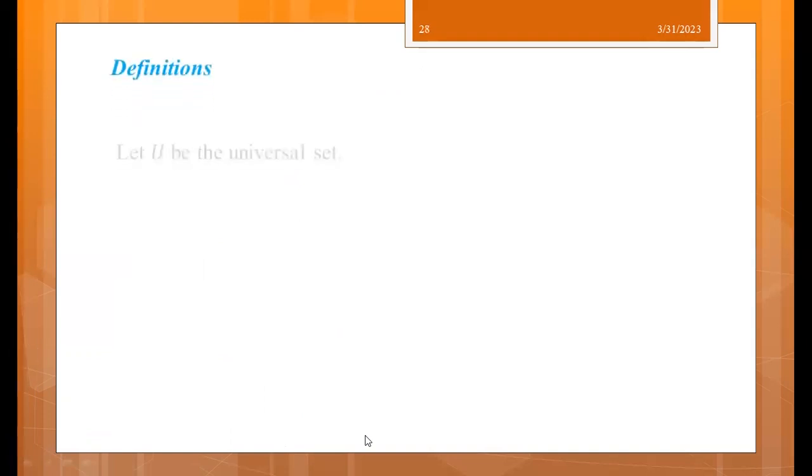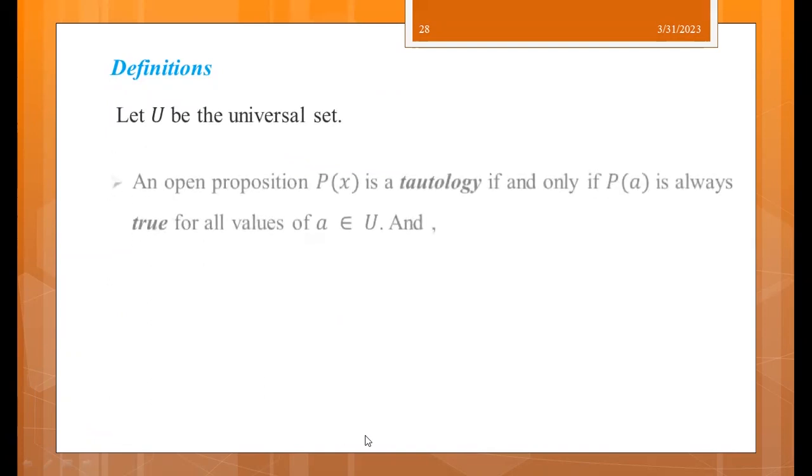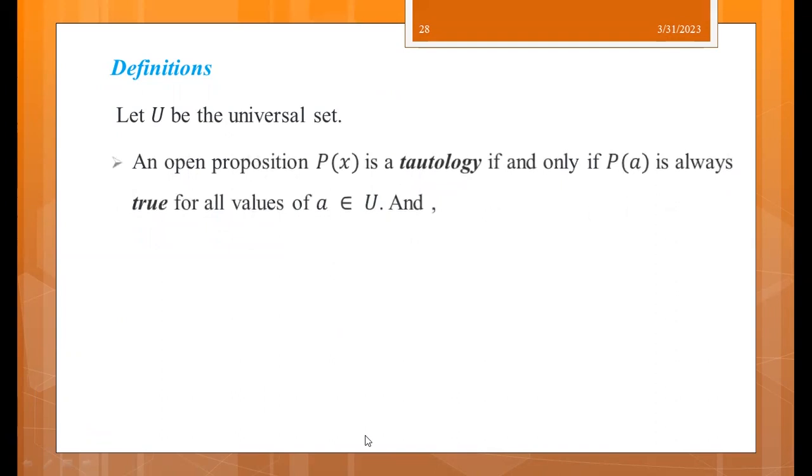Okay, let us see the next definition again. Let's assume that we have a universal set, simply set U, so that an open proposition P of x is said to be a tautology if and only if P of A is always true for all values of A, which is an element of the universal set U. That means we can have an open proposition which is either a tautology, contradiction, or contingency.